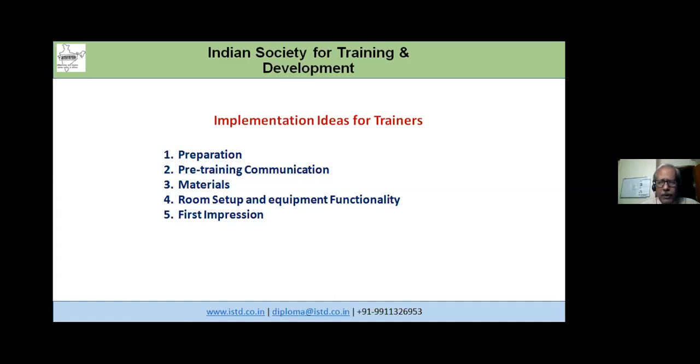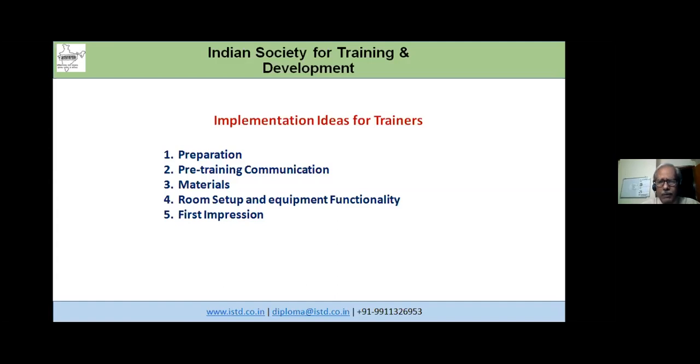Before the training process, the room setup and the equipment functionality are to be checked by the trainer. It's always advisable for an important training. The trainer may come one day early, or even on the day of training, in the morning earlier to the training session, and see the room setup.